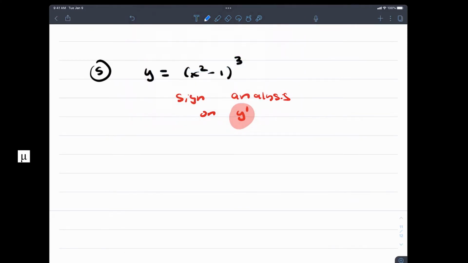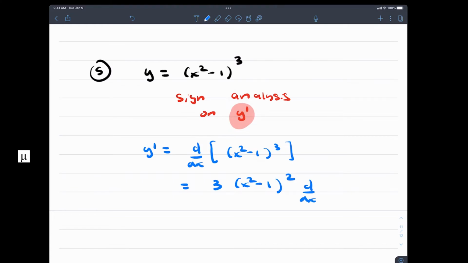What's your first derivative? Exactly. You see, does chain rule go away, ladies and gentlemen? It doesn't go away, does it? So what's this derivative? 3 times x squared minus 1 squared times the derivative of x squared minus 1.